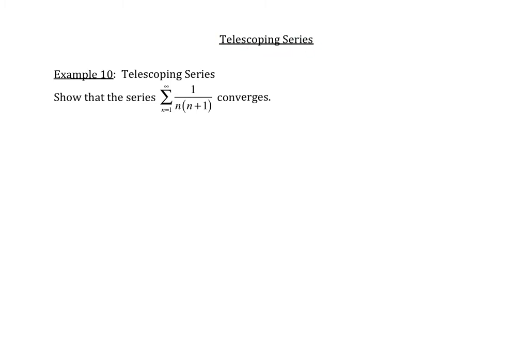And the reason why this is called the telescoping series is that when we write out the nth partial sums, we will see that many of the terms in the middle of the nth partial sum, Sn, cancel out.